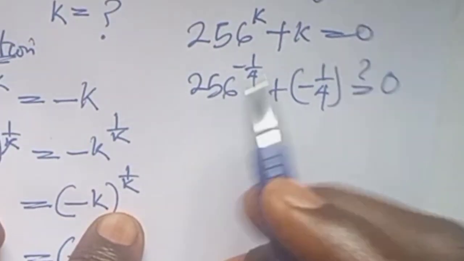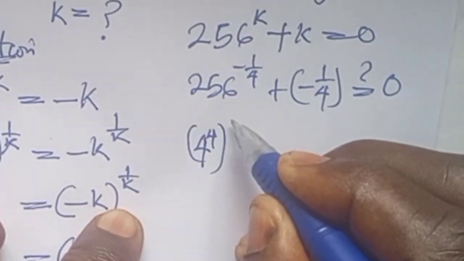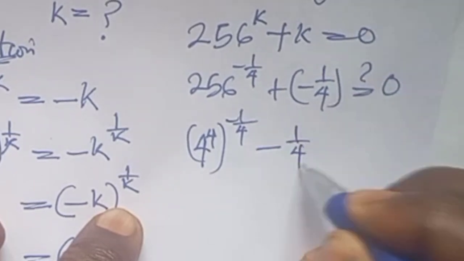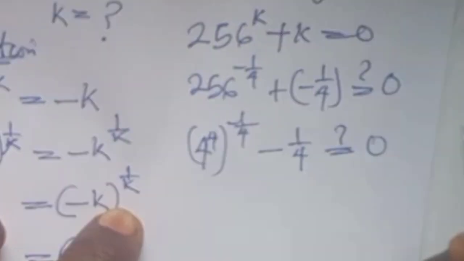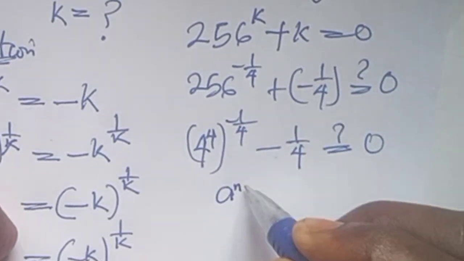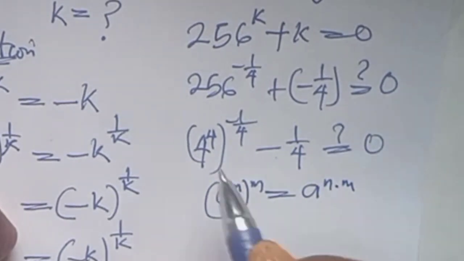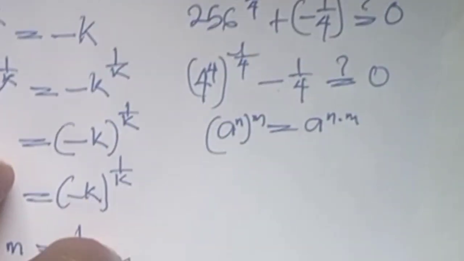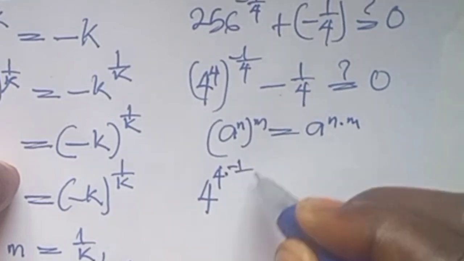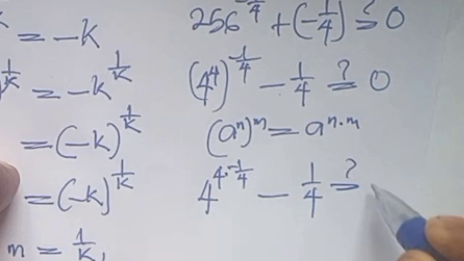If you do this very well, 256 also can be written as 4 to the power of 4, to the power of minus 1 over 4, minus 1 over 4. Can this be equal to 0? Plus times minus is minus. But a to the power of n to the power of m equals a to the power of n times m, so the powers will multiply. Then we have 4 to the power of 4 times minus 1 over 4, minus 1 over 4. Can this be equal to 0?